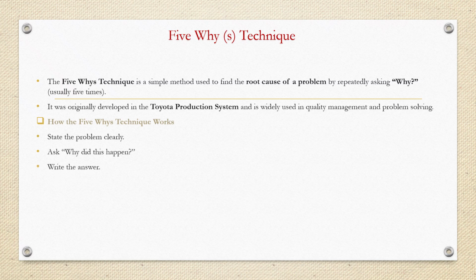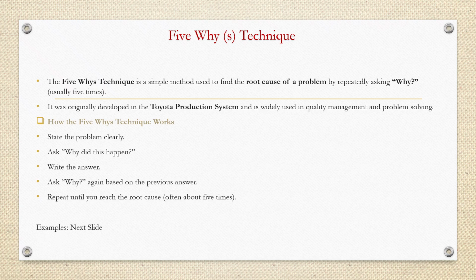Number 1, state the problem clearly. Number 2, ask why did this happen. Number 3, write the answer. Number 4, ask why again based on the previous answer. Repeat until you reach the root cause, often about 5 times.